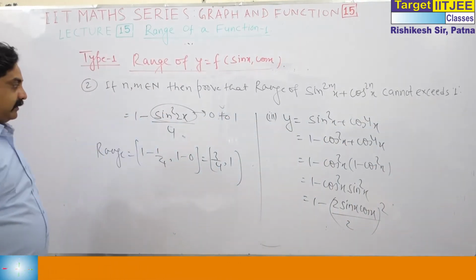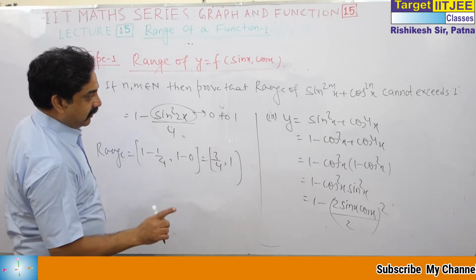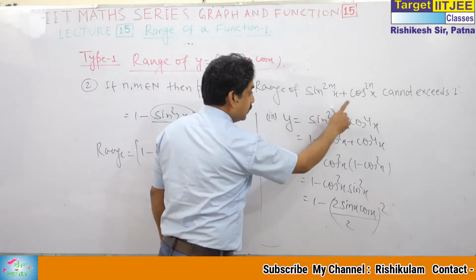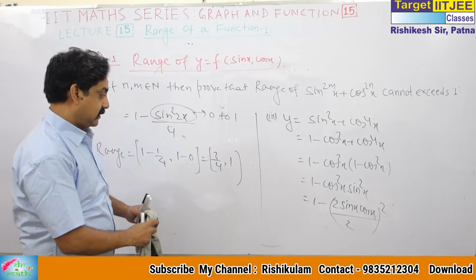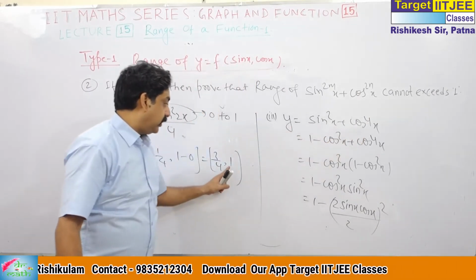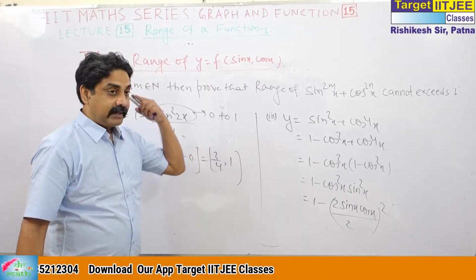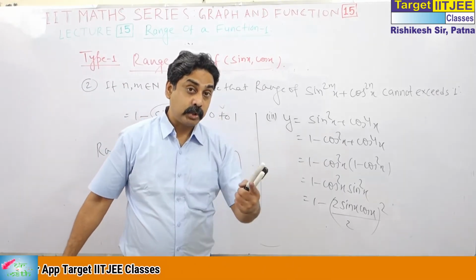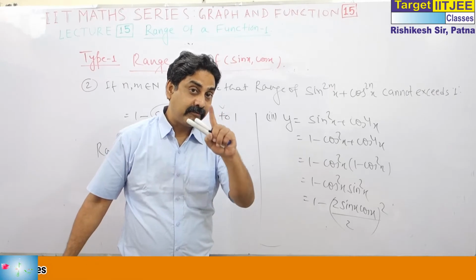What you found in the previous question: the range of sine to the power 6x plus cos to the power 6x has maximum value 1. When you find the range of sine to the power 4x plus cos to the power 4x, you will find that the maximum value is 1.